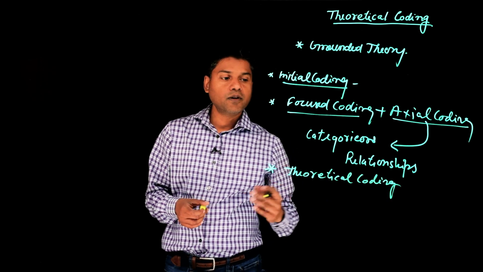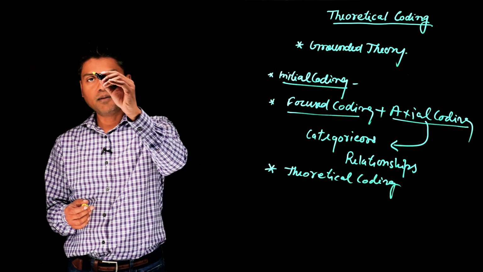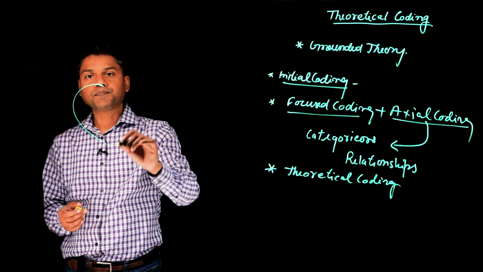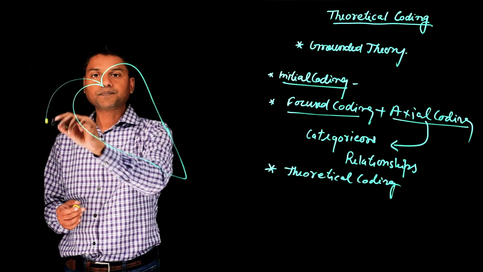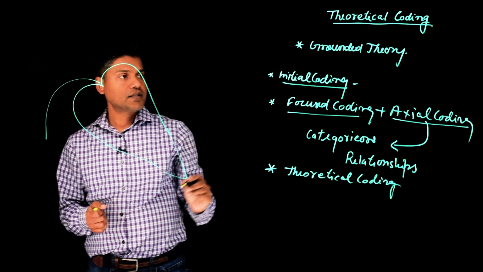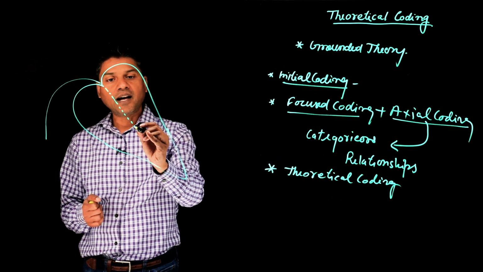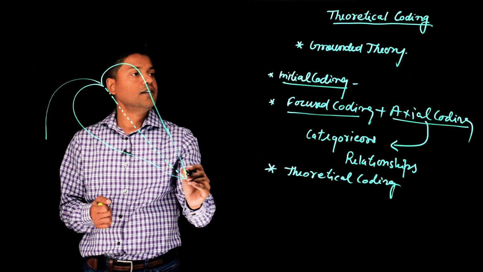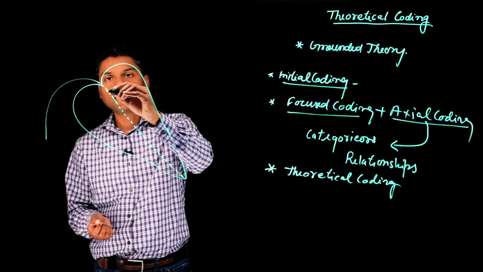So what happens in theoretical coding? Let's understand with another example. Let's say this is a leaf. You come up with your initial codes, and after the initial codes are done, you develop your focused codes and do axial coding.